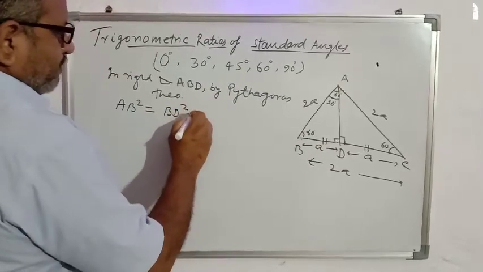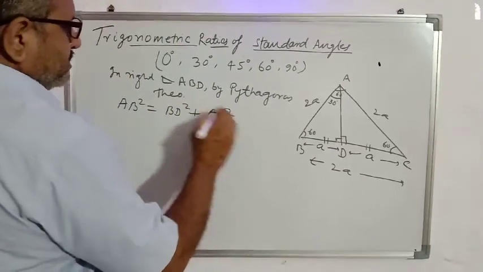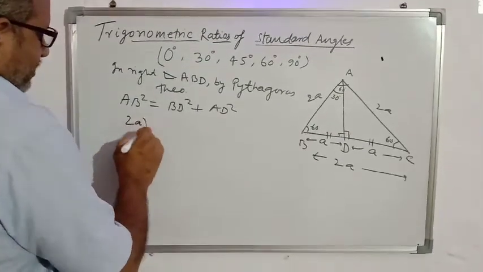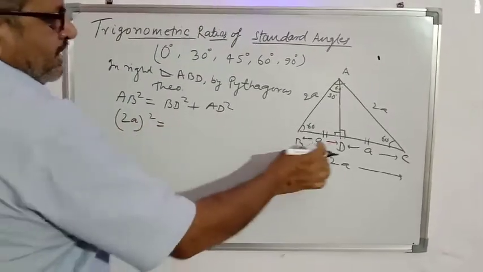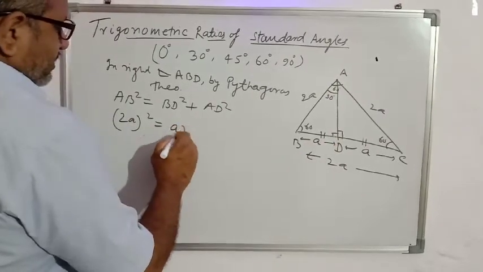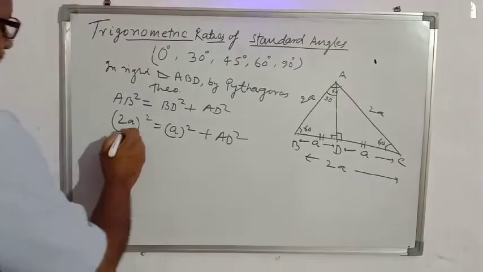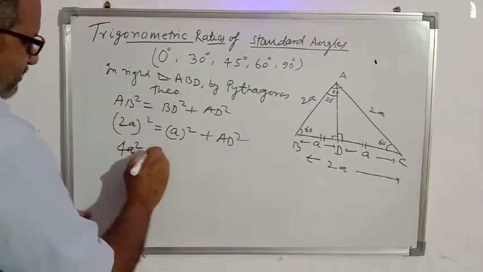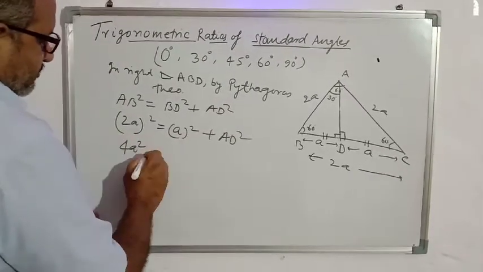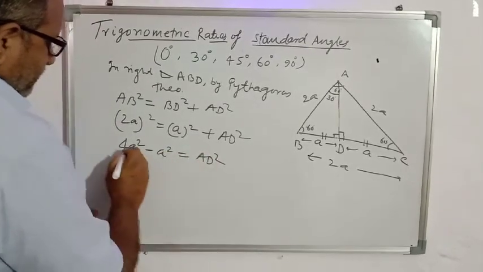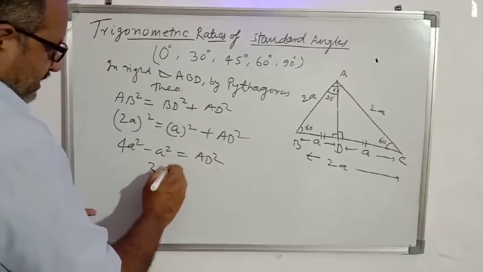So BD square plus AD square. AB is 2A, so we can write 2A square equals BD, A square, plus AD square. 2A square is 4A square. Transpose A square to the left side: 4A square minus A square, 3A square, is equal to AD square.